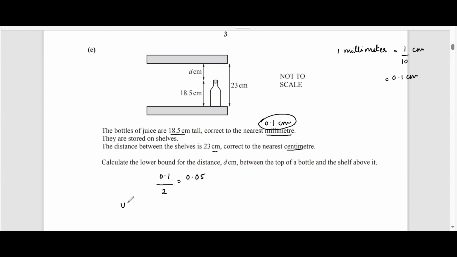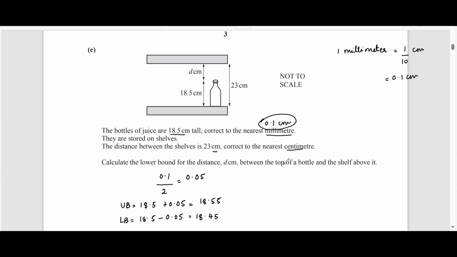So let's find out the upper bound. 18.5 plus 0.05 will give us 18.55. Lower bound in this case, you subtract 0.05, you will get 18.45.